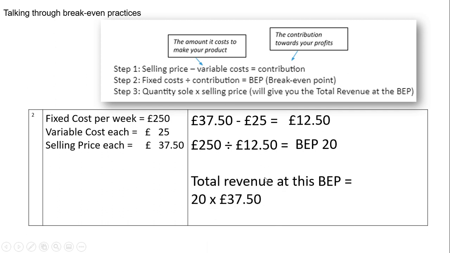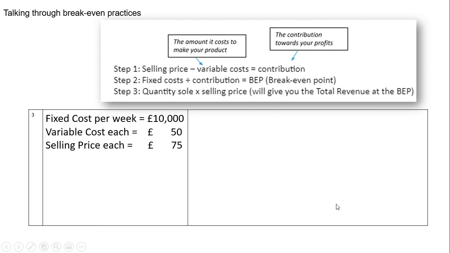Last calculation we have to do, step 3, is the quantity sold multiplied by the selling price. So quantity sold is 20 multiplied by the £37.50, and you get 750. This will make sense in a minute when I tell you how to plot it on the graph. Exercise 3 or task 3. Selling price is £75. Taking away my variable cost, how much it cost me to make it, and I get £25.